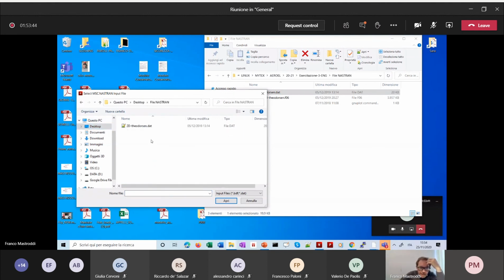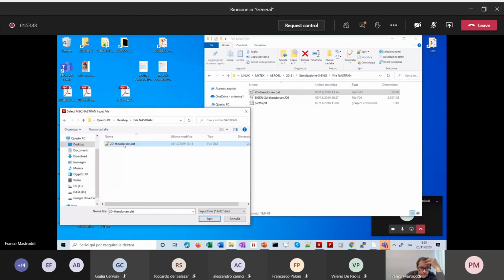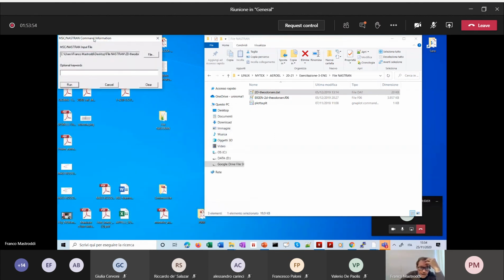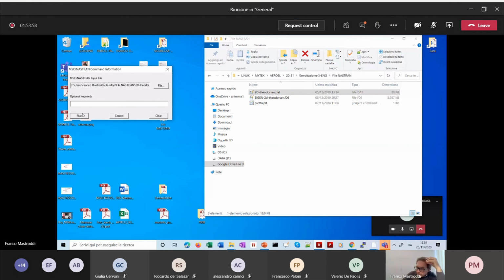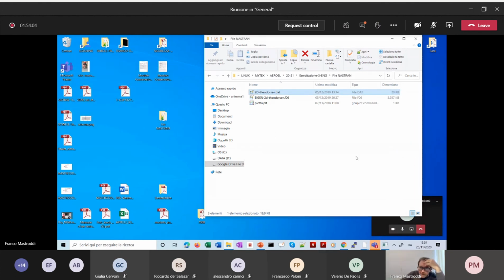I click on the 2D Theodorsen.dat file, open, and here I have this icon for running Nastran, and clicking on run, I am currently performing the aeroelastic analysis.